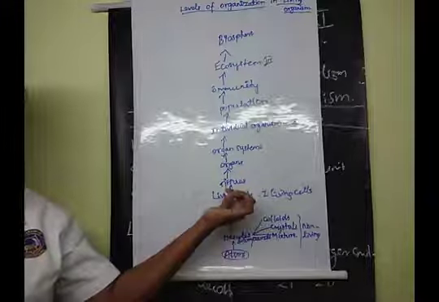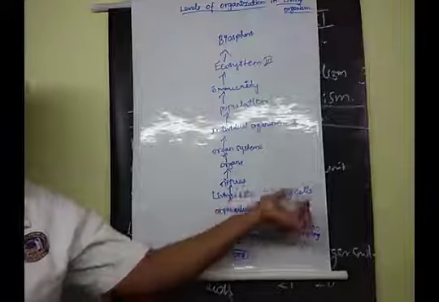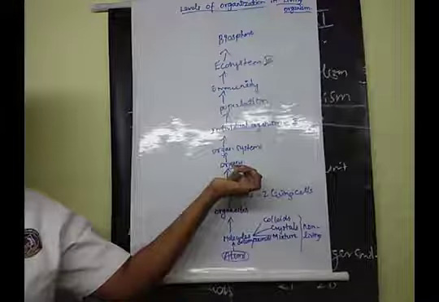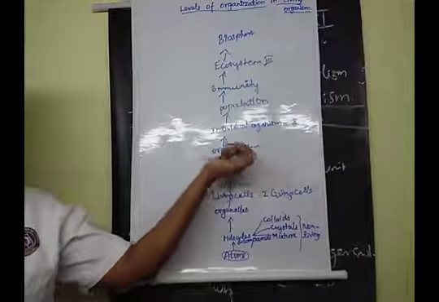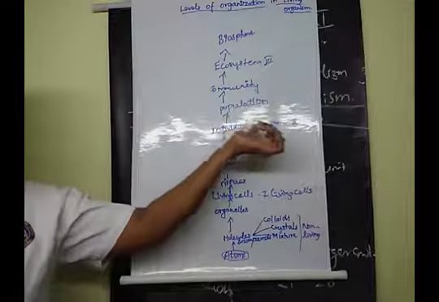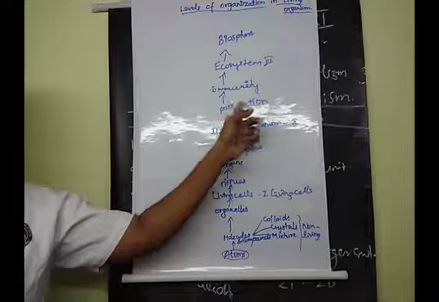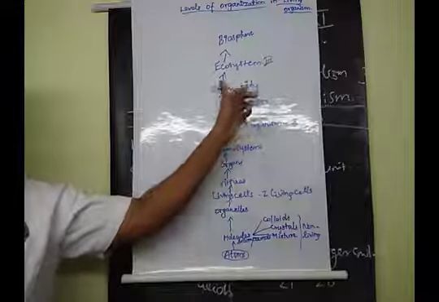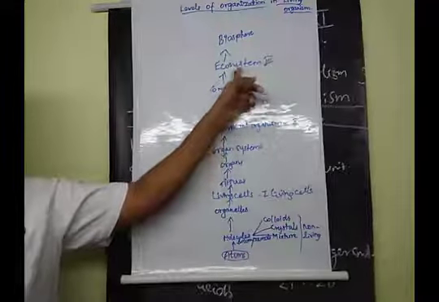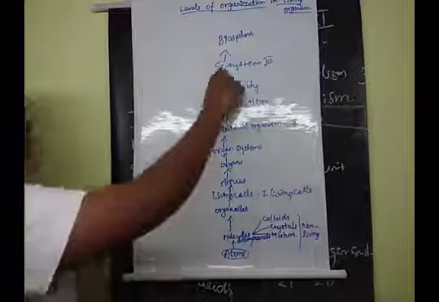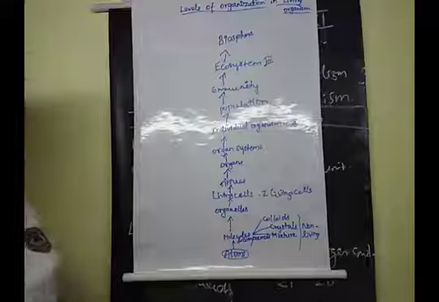Organelles form living cells. In this stage the living cell starts. Then tissues. After this form organs. Organs form organ systems. The organ systems form individual organisms. Individual organisms make a population. Population forms a community. The community forms an ecosystem. Ecosystem forms the biosphere. This ecosystem and biosphere we learned as the definition.